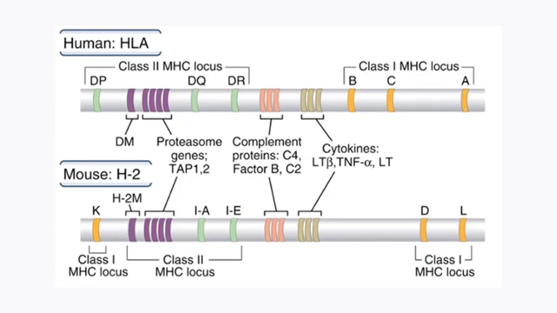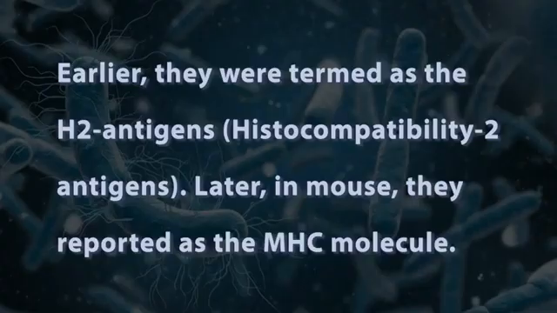Later, it came to be known that the immune response genes are nothing but the MHC genes. MHC genes code for a cluster of proteins which show up as critical surface protein molecules. Earlier, they were termed the H2 antigen or histocompatibility antigens.